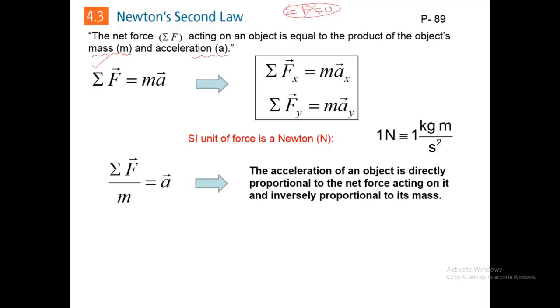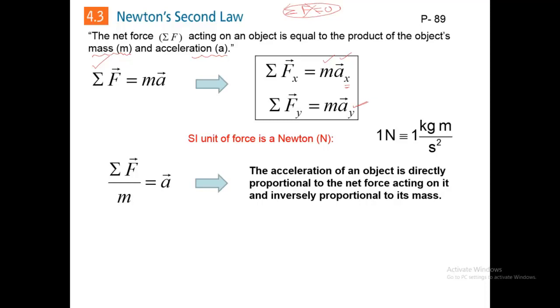Again, as we discussed in the first law of motion, when all forces are acting along the x-axis, we can use the sum of the forces along the x-axis. That was zero, but now you have mass multiplied by the acceleration along the x direction. Similarly, if you have all the forces acting along the y-axis, you add them and that will be equal to the mass multiplied by the acceleration along the y-axis.